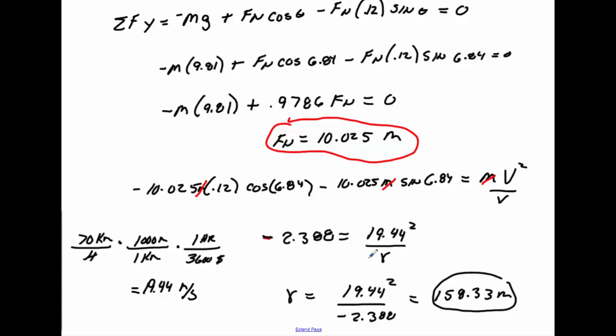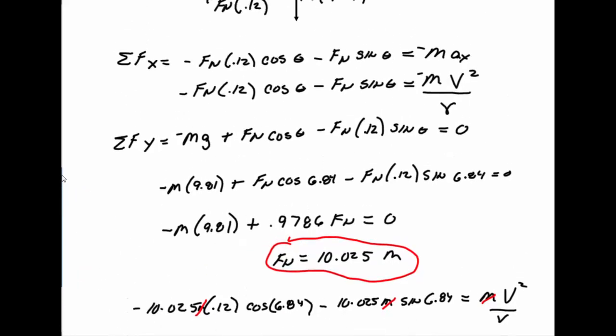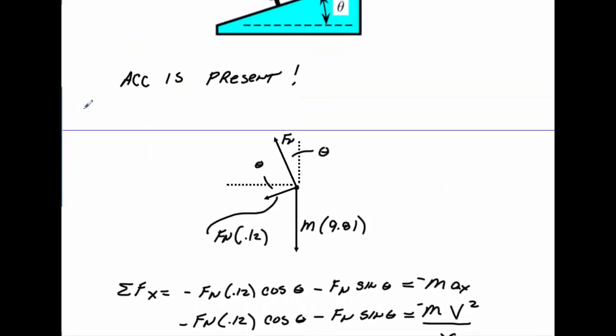Actually, I can make this negative here because it's going back the other way. So when I did that, I worked through the equation, and my velocity is 19.44 meters per second, and then I solved my R value here. My R value is going to give me 158.33 meters.